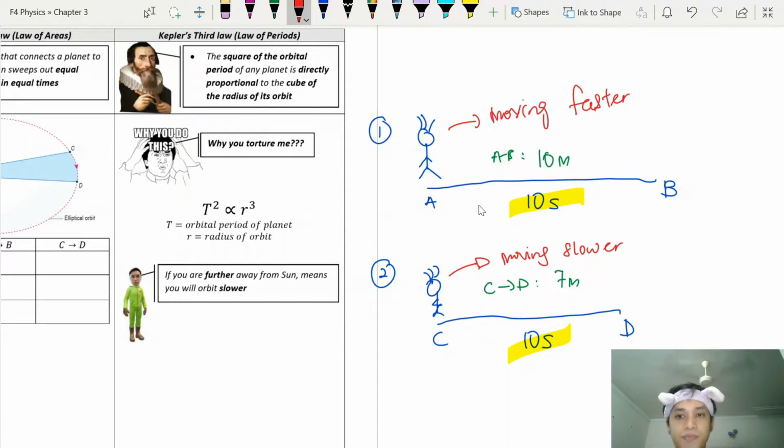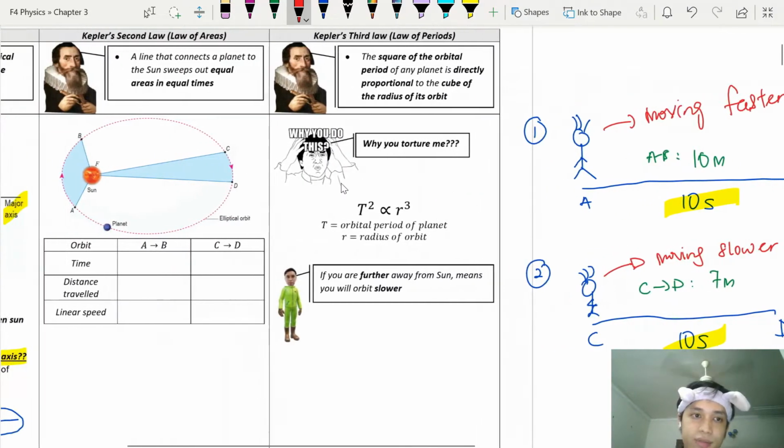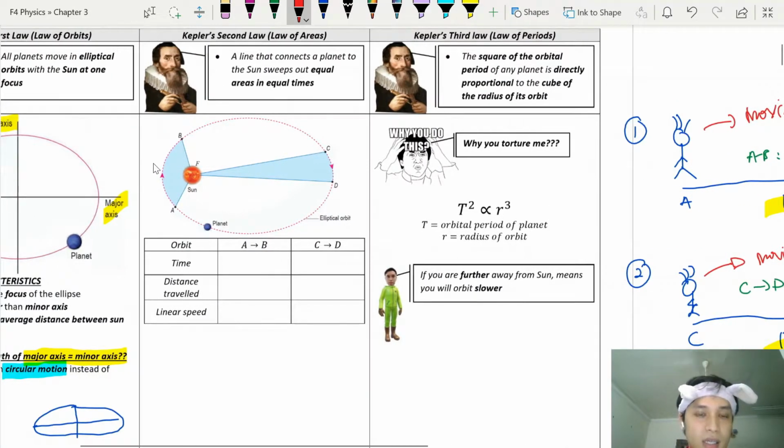So let me now take this particular concept and apply it to this particular section here. Kepler's second law. Same exact thing. I'm going to give you the time. Let's say from A to B, the time taken is, don't want to use 10 lah, let's say 24 days.